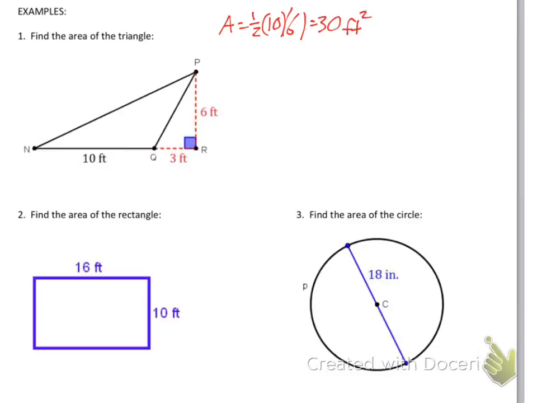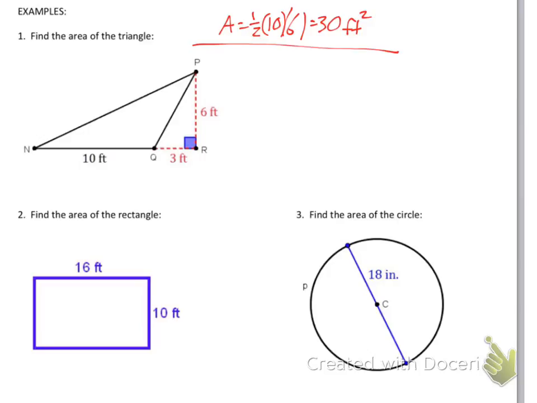Does it get harder? Is that the only way we could have done this? No. What happens if I take the altitude and drop it straight down, forming a right triangle with the base, which adds an extra 3 feet? What's the area of that larger triangle?